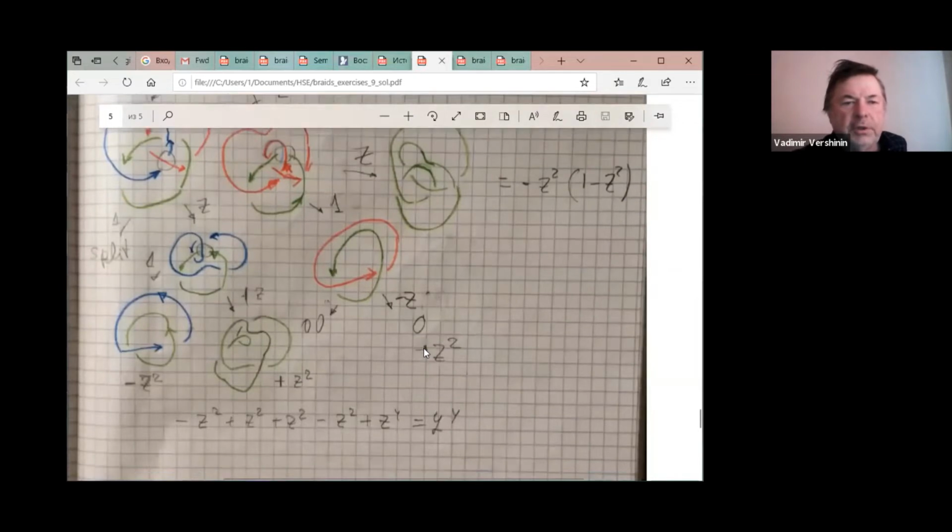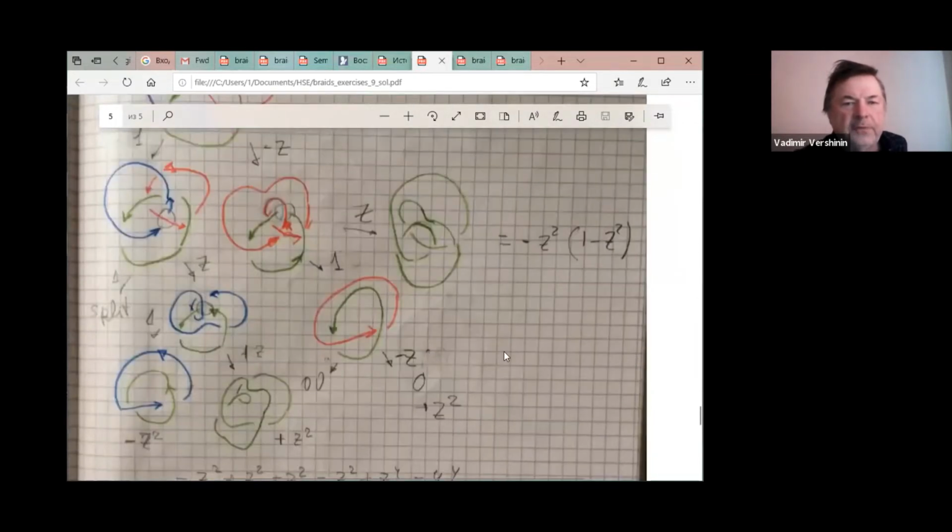So we shall make for germs today, I suppose, the same thing. So, other questions, remarks for that? This is the standard type of skein relations.